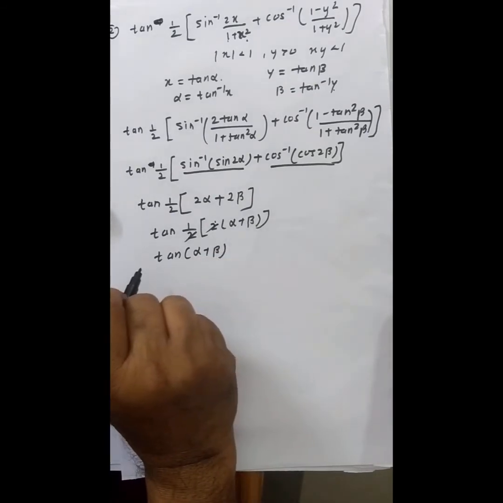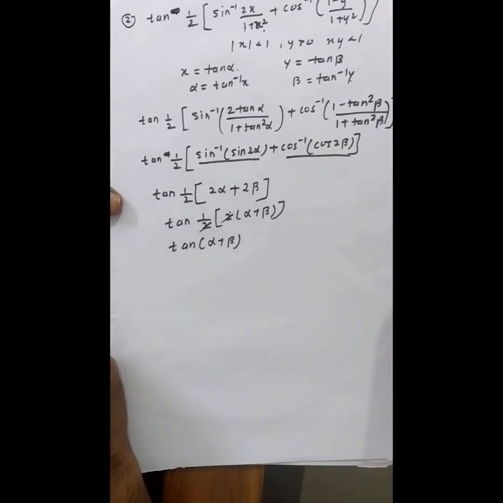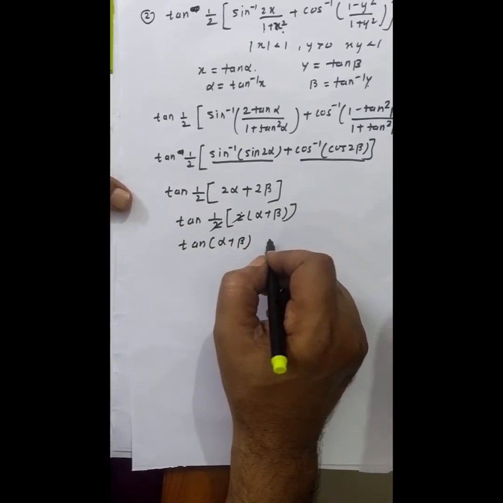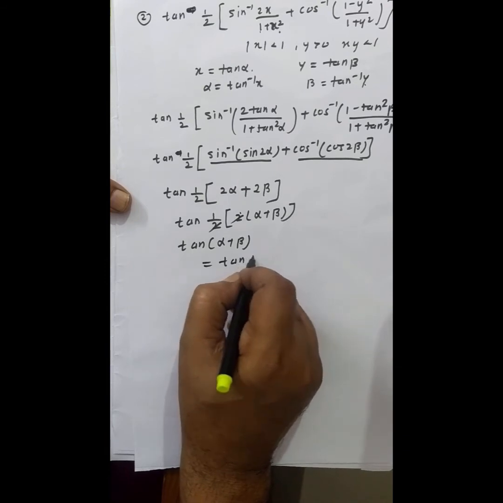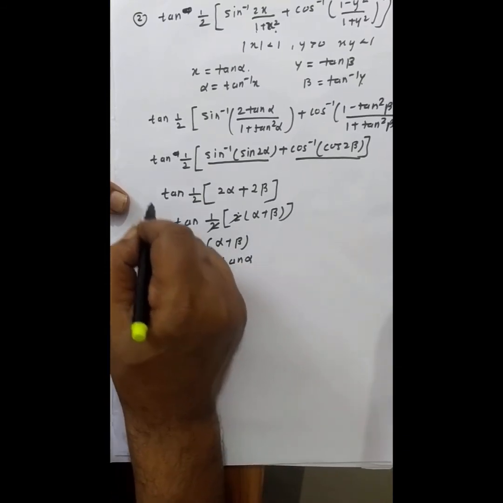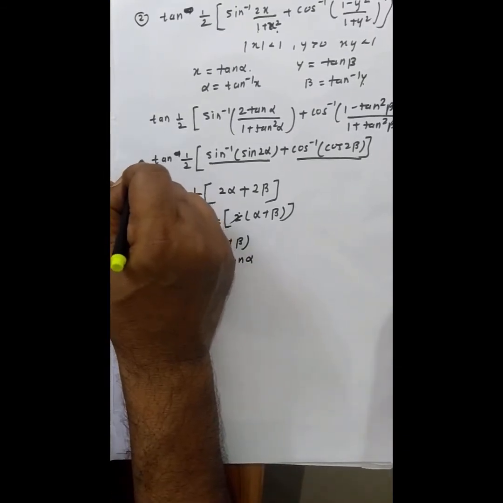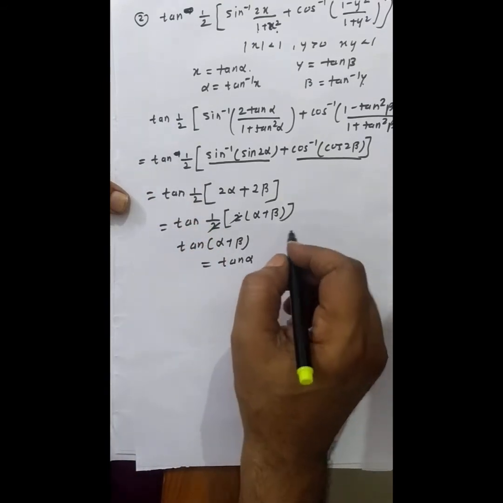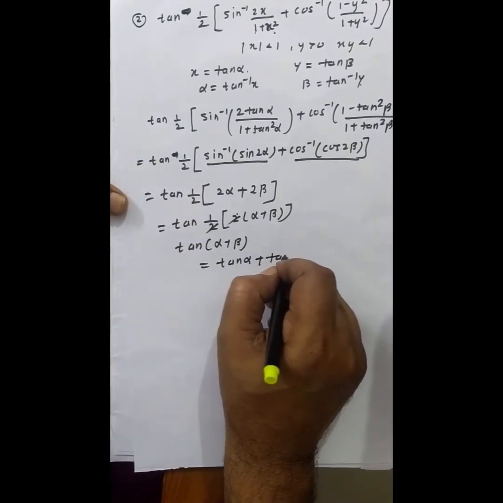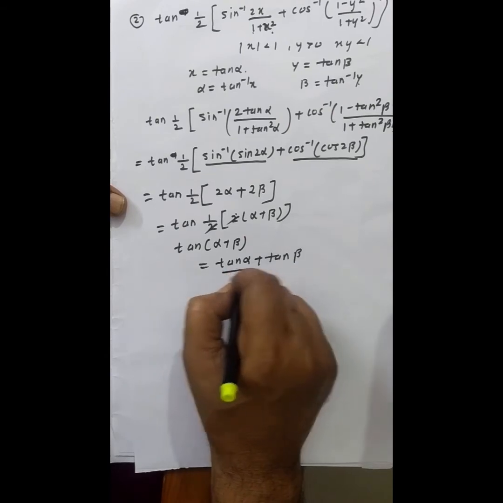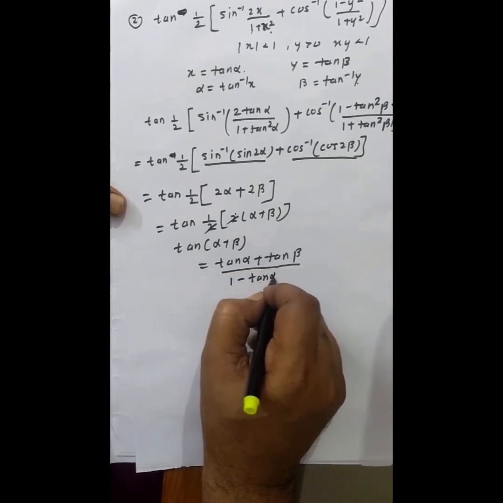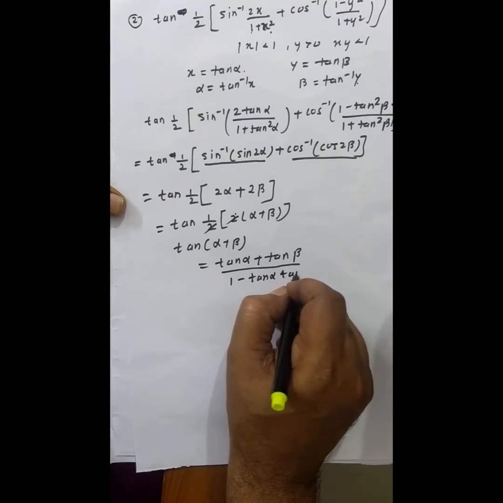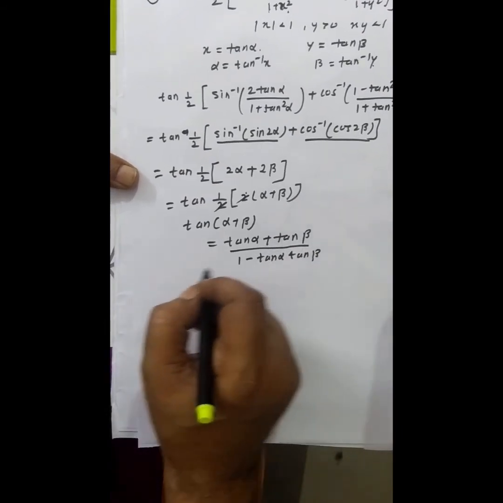What is tan of alpha plus beta? Tan of alpha plus beta is like tan of a plus b. So it is tan alpha plus tan beta divided by 1 minus tan alpha into tan beta. This is using the tan of a plus b formula.